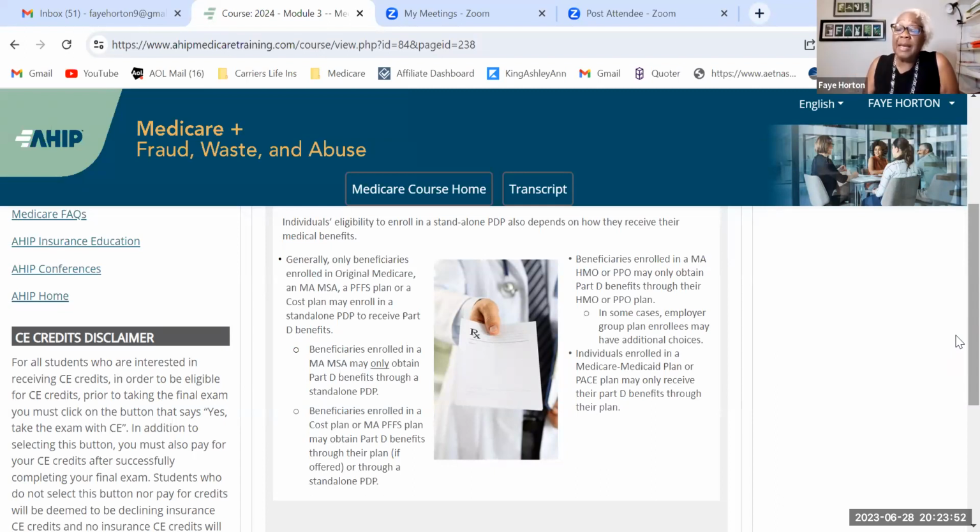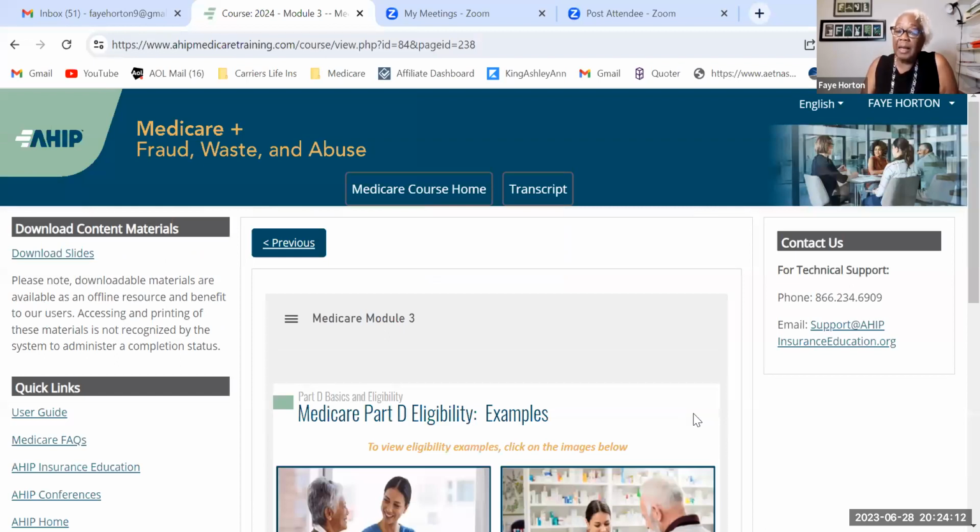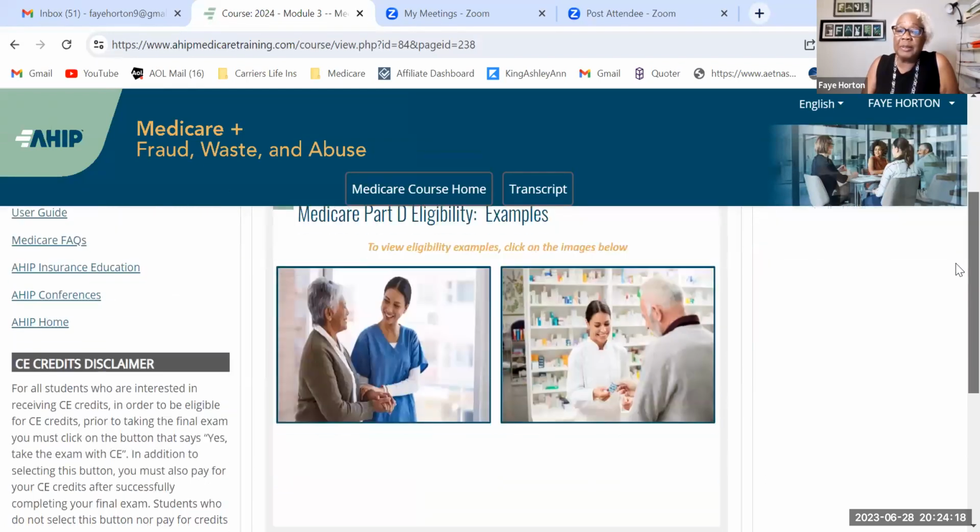Individuals enrolled in a Medicare-Medicaid plan or a PACE plan may only receive the Part D benefits through their plans, because those two types will always include prescription drug plan sections. Here are some examples of Medicare Part D eligibility.